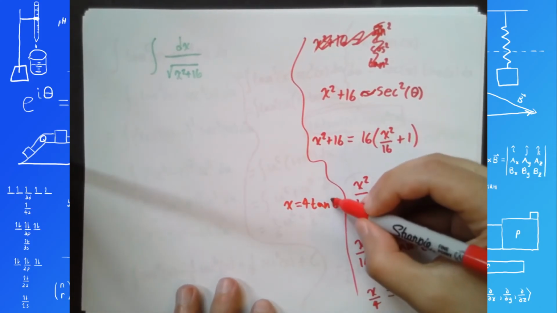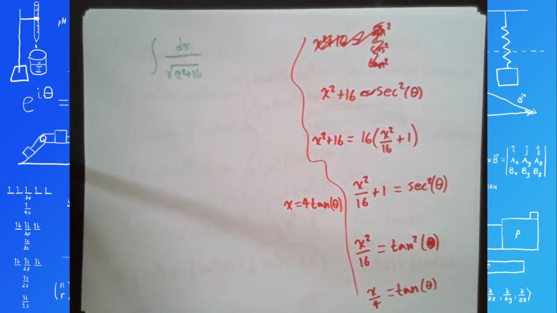Okay, perfect. Now what I want to do is differentiate. So this is kind of the opposite of u substitution in a way, where in u substitution, you would say u is equal to some function of x.